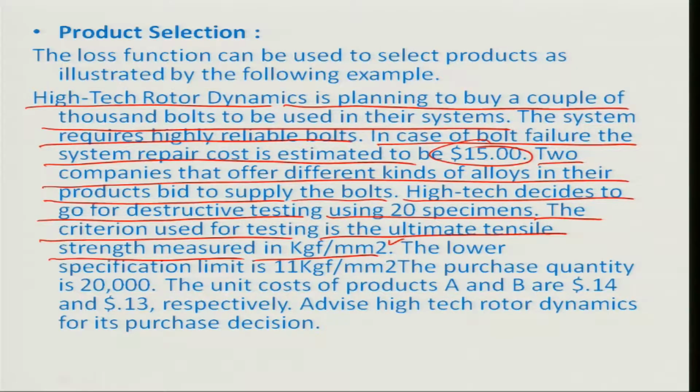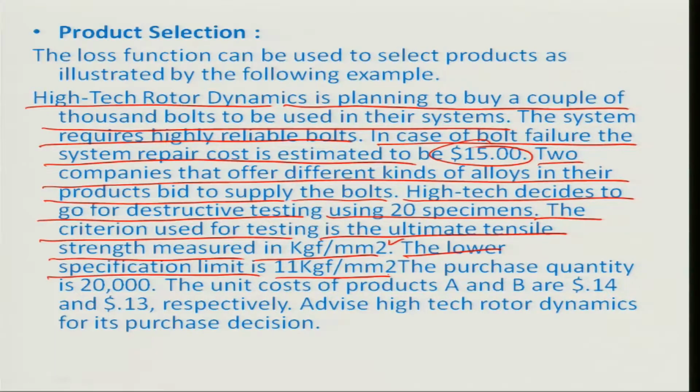In this case, we will have to use that analysis for our final specifications and measurements. The lower specification limit in this particular case is 11 kg force per millimeter square, which is the minimum limit that should not be crossed over. That imposes serious problems on the rotors using these bolts.